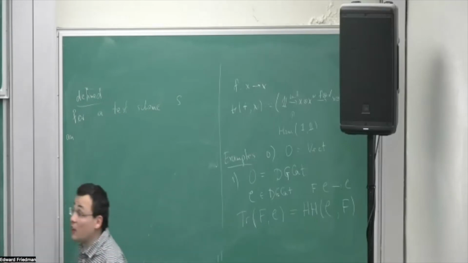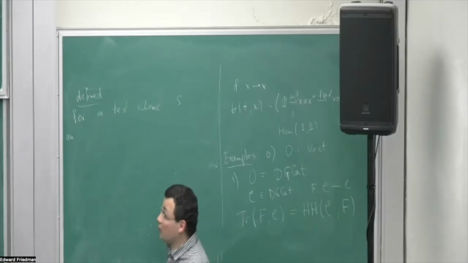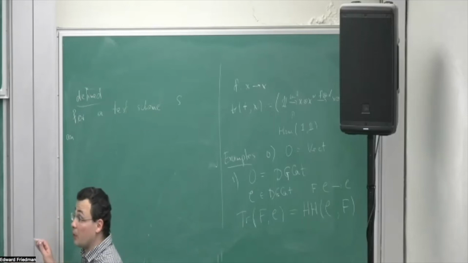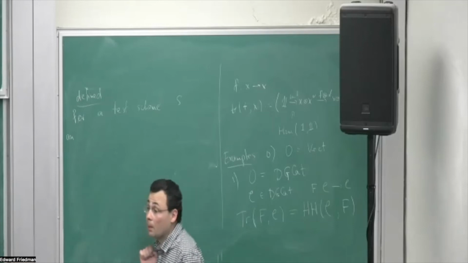The field of coefficients here is Q-bar_l, which is different from the characteristic p of G and X. So there are kind of two different types of algebraic geometry: one over a field of characteristic p and one over a field of characteristic 0.